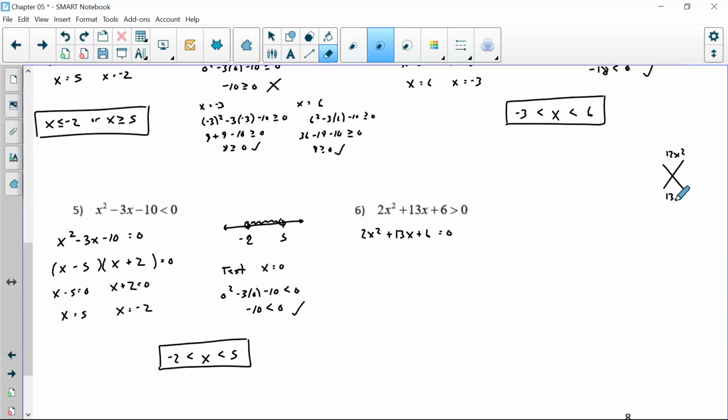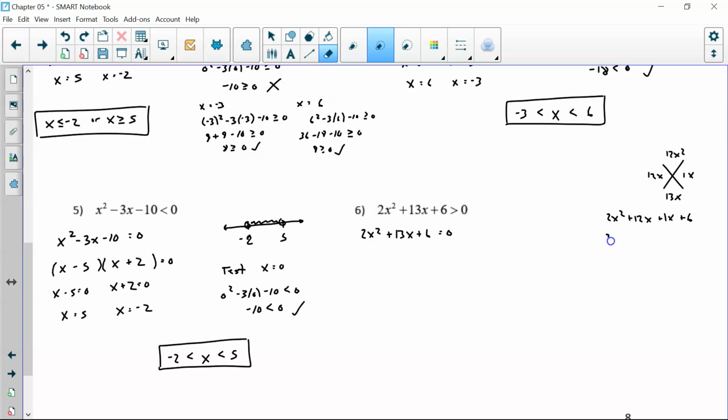Now, what we have to think is they have to multiply to 12 and add to 13. Top number is positive, the signs are the same. Bottom's positive, they're both positive. Now, the only factors of 12 that add to 13 are 12x and 1x. So we've got our 2x squared and our positive 6. So then in between, we get our plus 12x plus 1x.